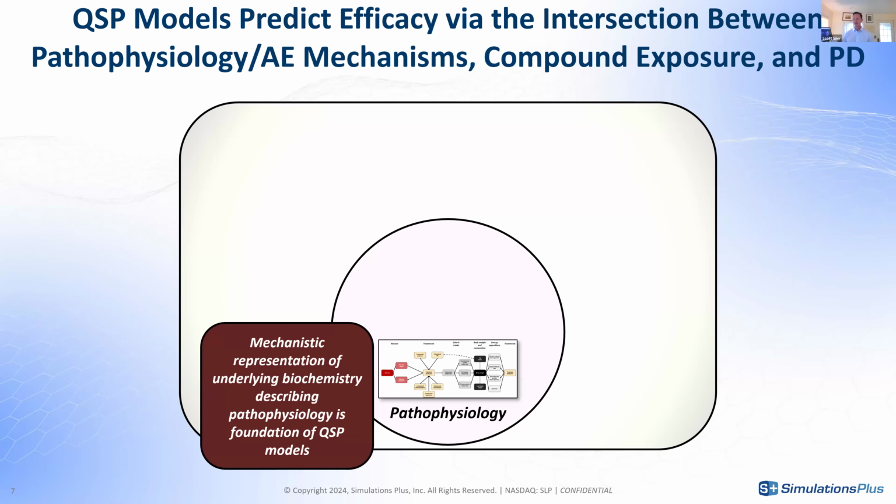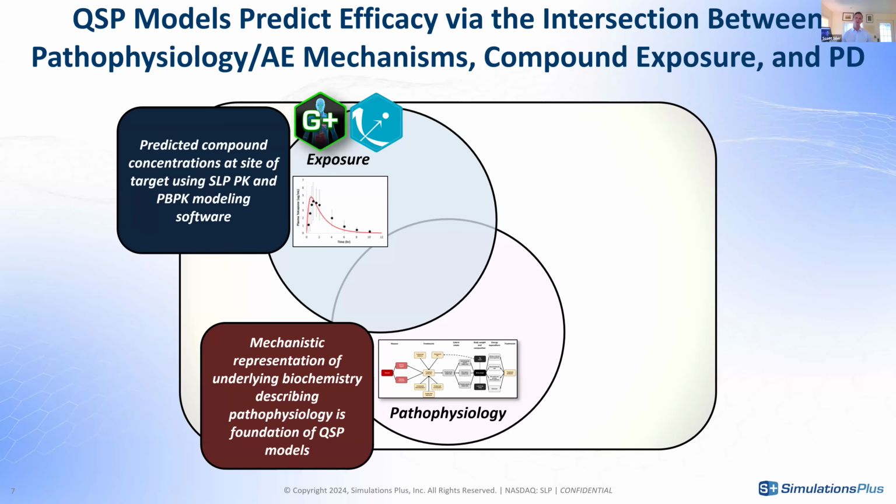And that allows us to understand the disease well, to develop simulated populations that include interpatient variability, and really get a sense of disease progression when that's in play as well. So then in order to understand and be able to predict the efficacy of drugs, of course, we need to overlay those drugs upon that mechanistic model.